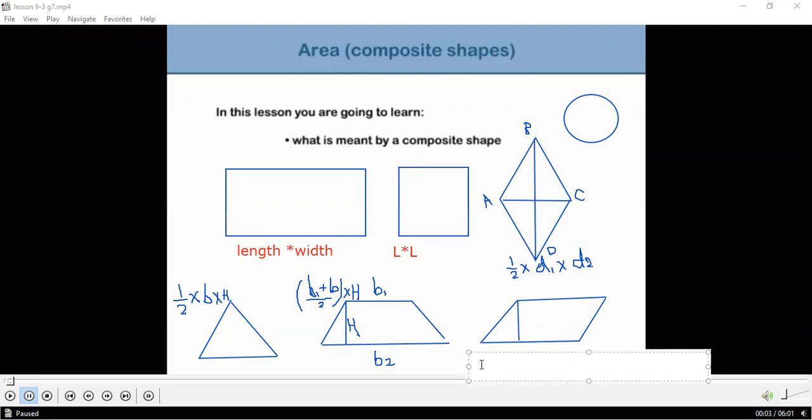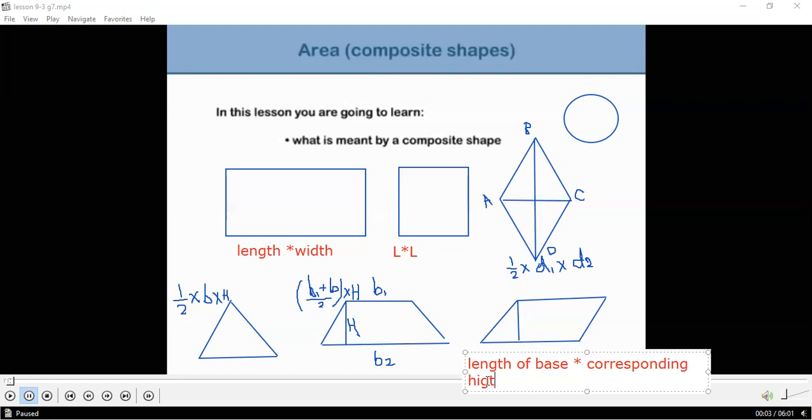The area of the parallelogram will be the length of the base multiplied by the corresponding height.